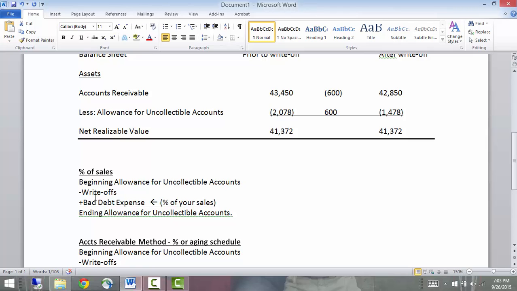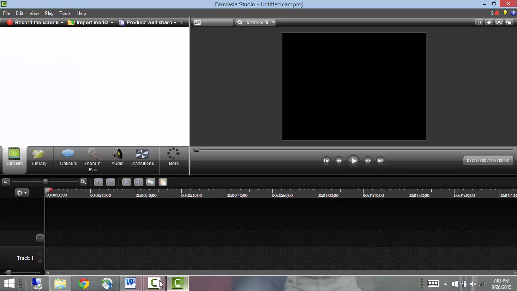So you'll start out with a beginning allowance account amount. So use this formula. For this method, the problem will usually say what is the ending allowance for uncollectible accounts. So I will now do a problem to help make this a little more clear.